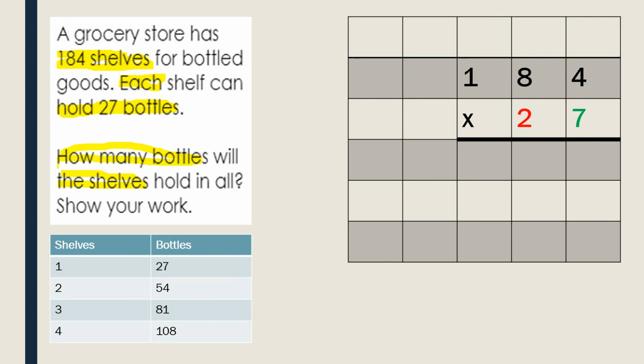So I need to figure out, am I going to do addition, subtraction, multiplication, or division? Well, I know I'm not getting smaller. My number's going to get bigger, so therefore I'm going to multiply.